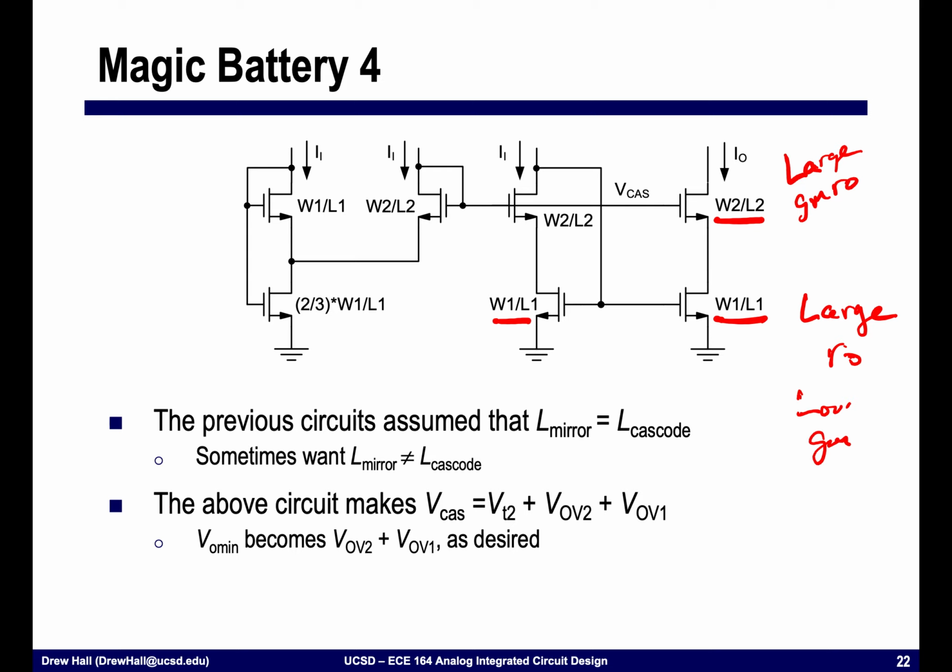So now let's work through what this particular circuit does and how it's a little bit different given the different W over Ls. On the right side, we're still going to take this current and mirror down this voltage in order to generate VGS for this bottom device.